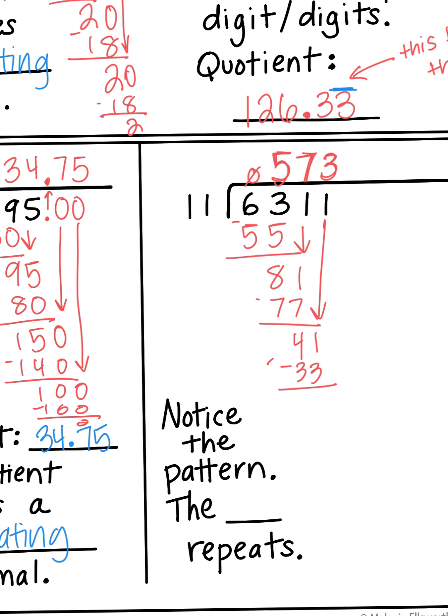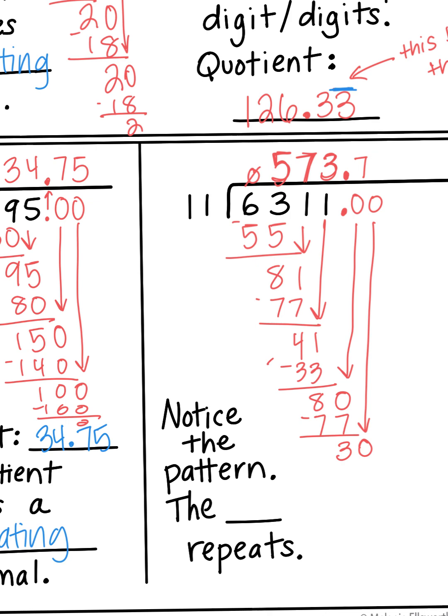This time I have 8 left over, and I am stuck because I have a remainder, but I know now that it keeps going. All I have to do is add a decimal, pop it to the top, and add a 0 to bring down. So 11 goes into 80 7 times, which is 77. I have 3 left over. Add another 0.